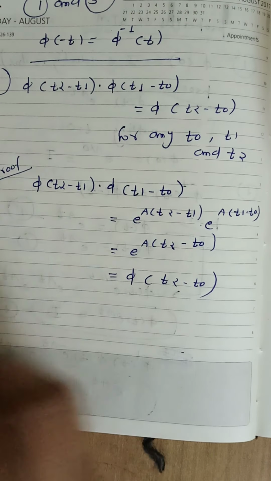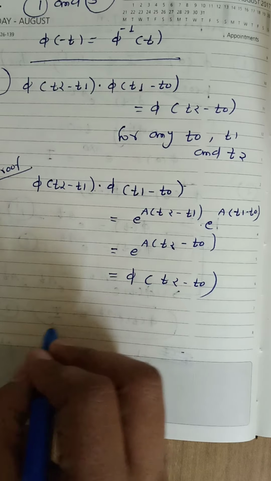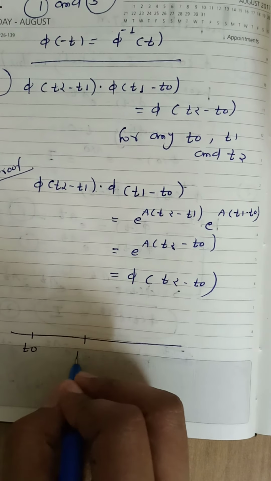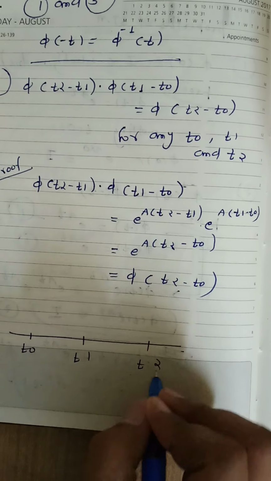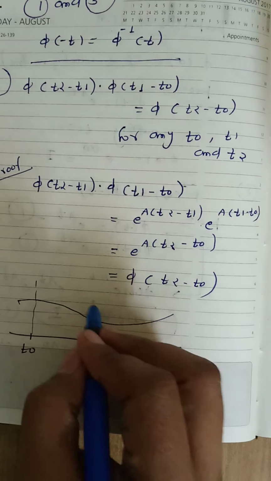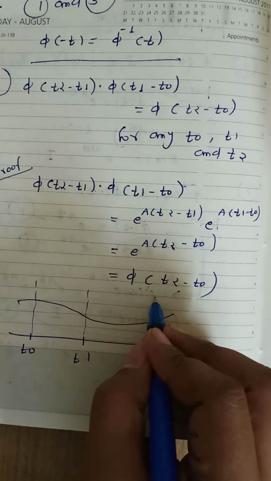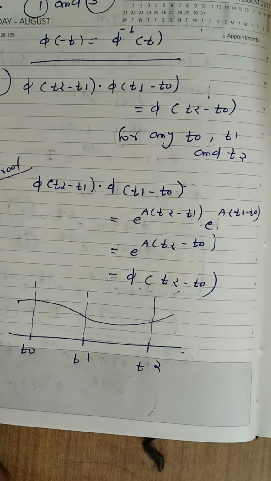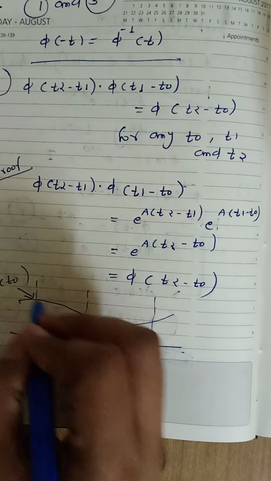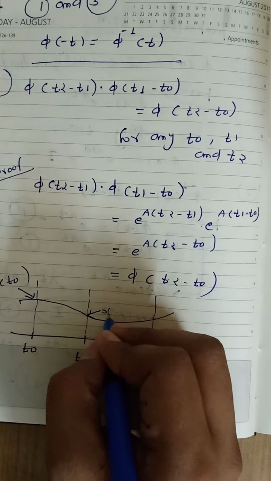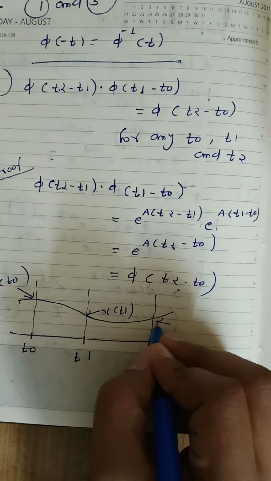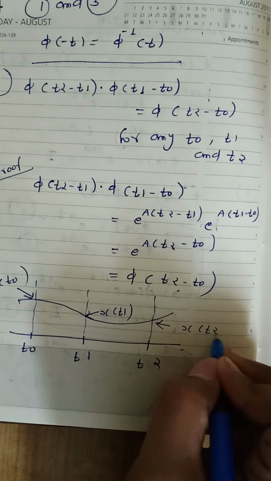Let us try to understand according to the diagram. Suppose we have time instant t0, time instant t1, time instant t2, and here we have x t0, here we have x t1, and here we have x t2.